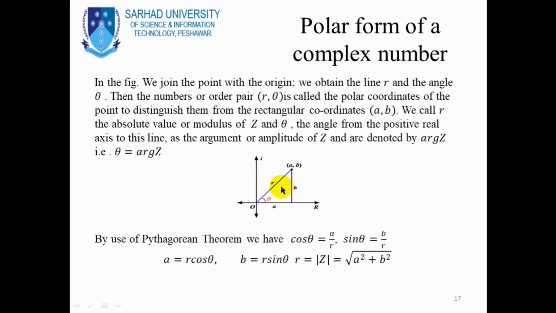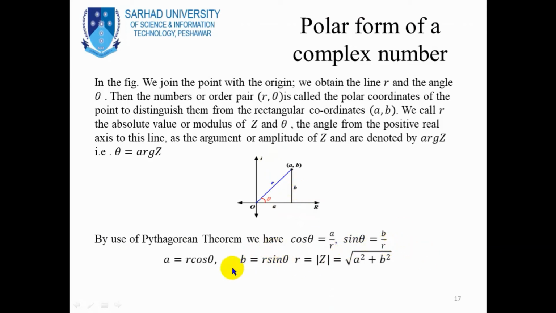So dear students, note that R and theta are the polar coordinates. R is actually the magnitude of the complex number and theta is actually the direction of the complex number. This is the argument of the complex number. Now by using the Pythagoras theorem in this right triangle, we know that cos theta is equal to a by r, base by hypotenuse, and sin theta is perpendicular by hypotenuse.